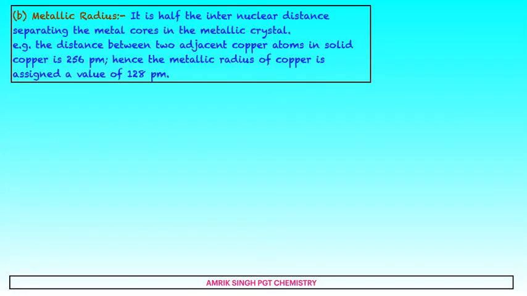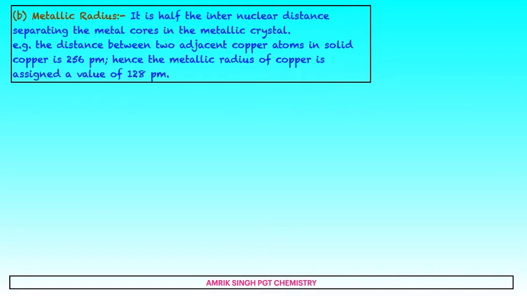Metallic radius, another type of radius. It is the half of internuclear distance separating the metal cores in the metallic crystal. Example, the distance between two adjacent copper atoms in solid copper is 256 picometer.